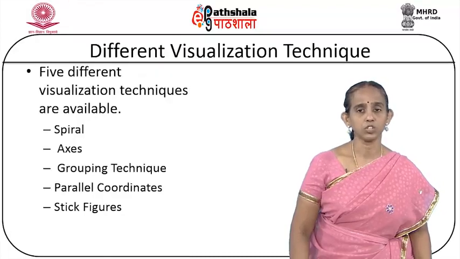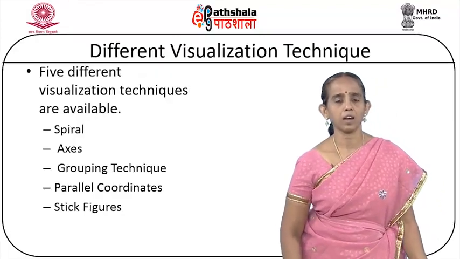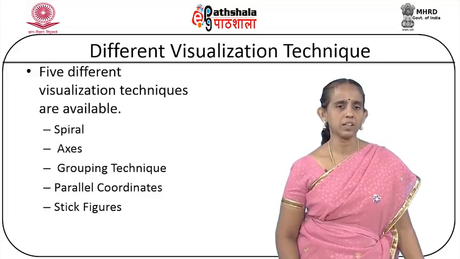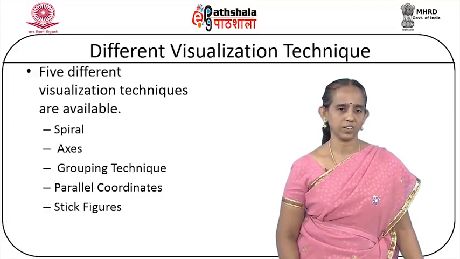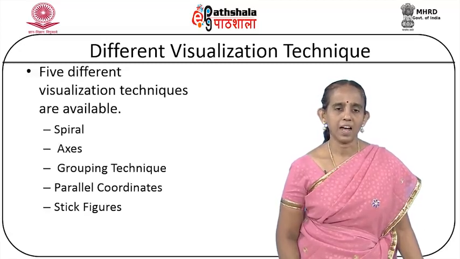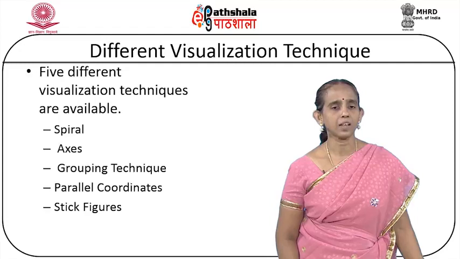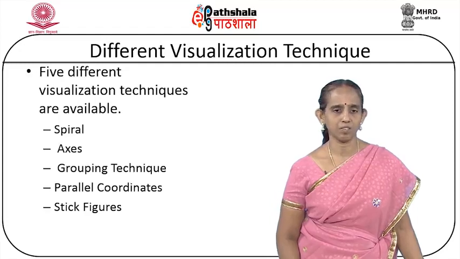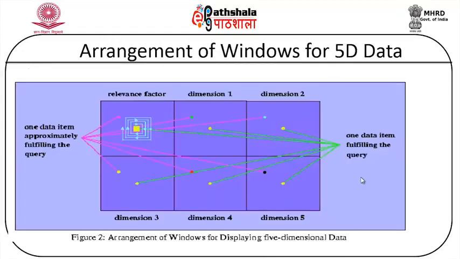There are various visualization techniques that are applicable in visDB. Five different visualization techniques are available, namely the spiral, axis, grouping technique, parallel coordinates and stick figures. This is the kind of arrangement of windows for the 5-dimensional data representation.